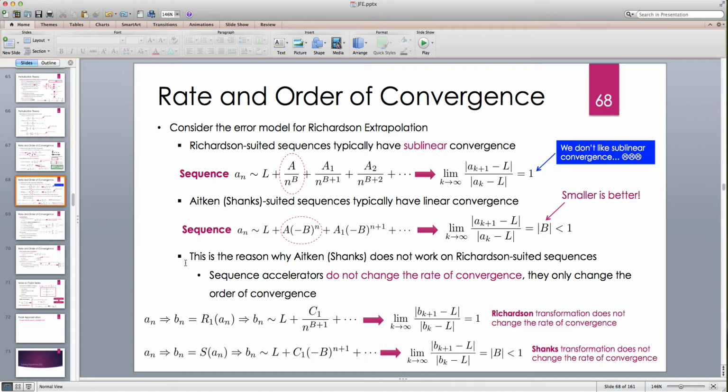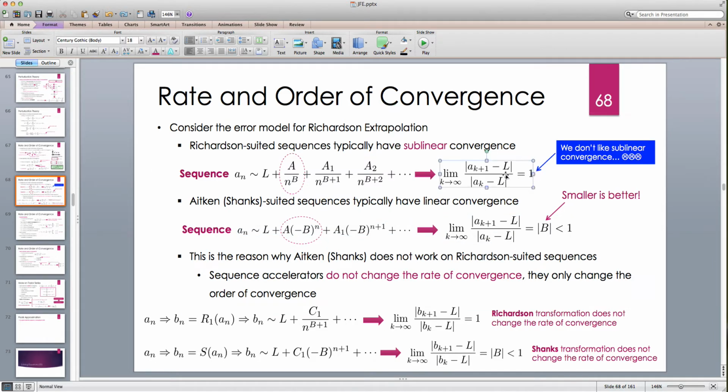And this is also another reason why, if a sequence is suited for Richardson, Aitken or Shanks don't really work on the acceleration for those sequences, because the rates of convergence are different here, b and 1. Even if we apply Aitken or Shanks on this oscillatory behavior, the rate of convergence remains the same.